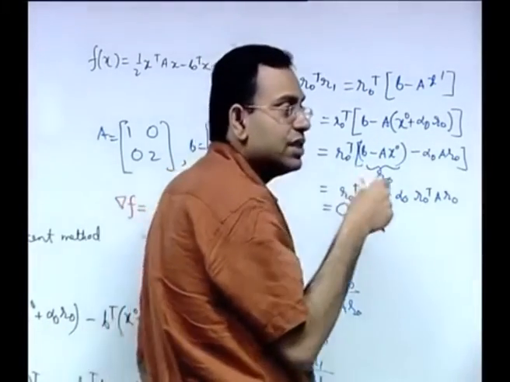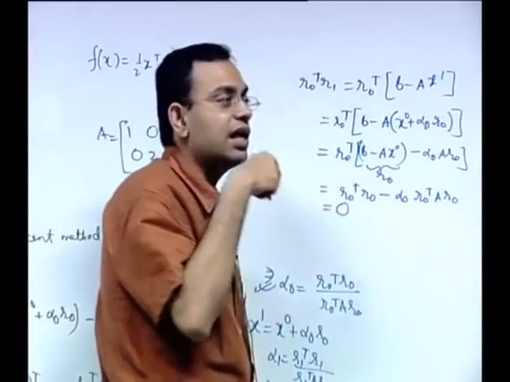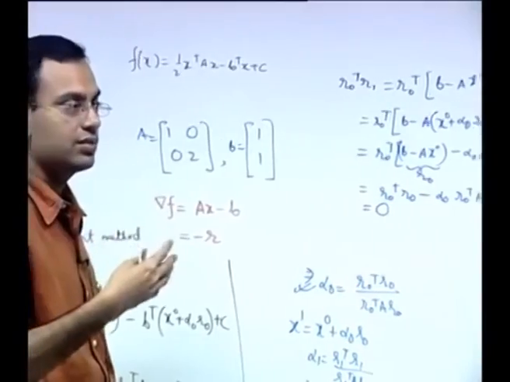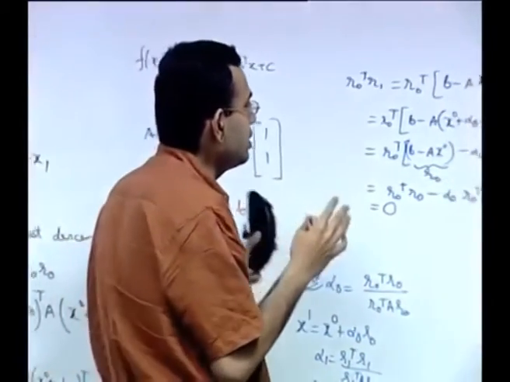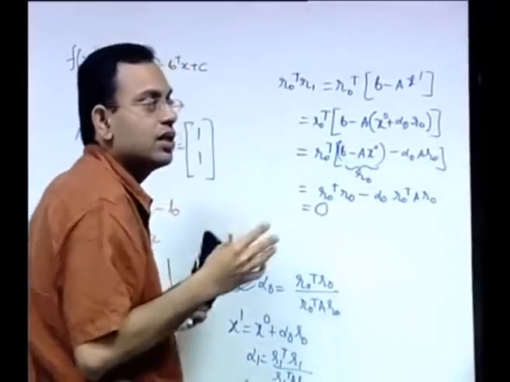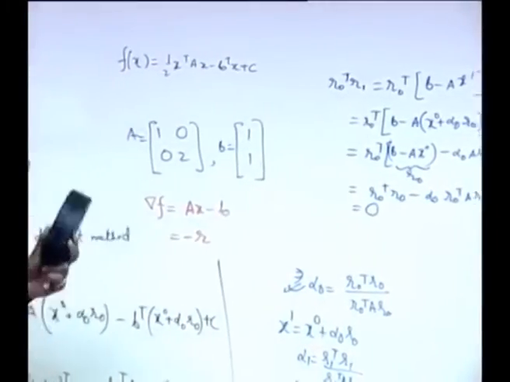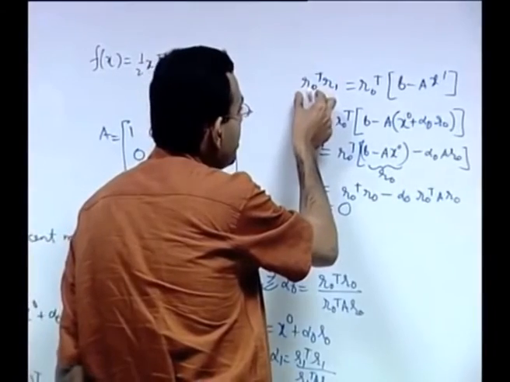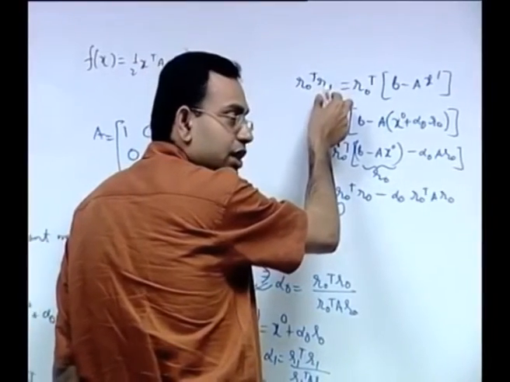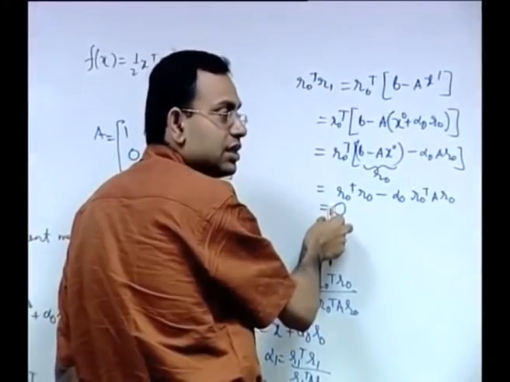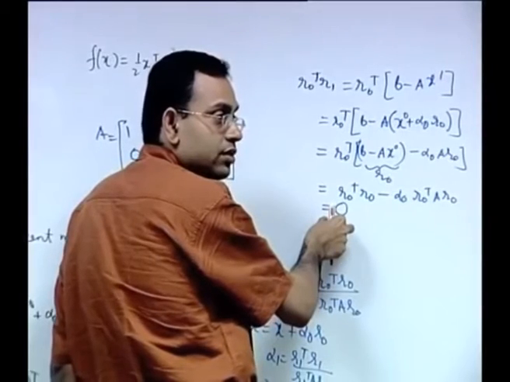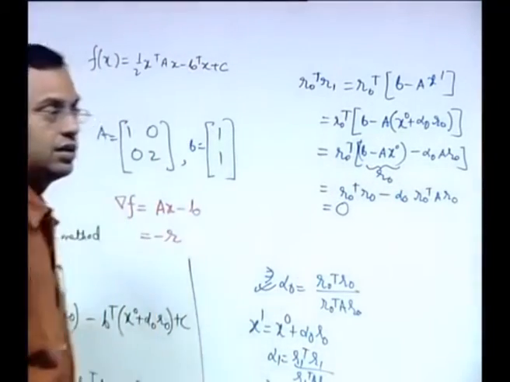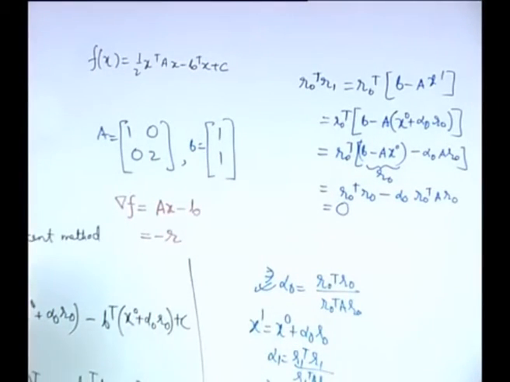That means just like physical vectors, it is like an extension of the dot product. It is a sort of an inner product, but if you consider it just from simple conceptual considerations, it is just like a dot product where you have the elements of R0 multiplied with the corresponding elements of R1 and the result is 0. So that means R0 and R1 are orthogonal to each other.